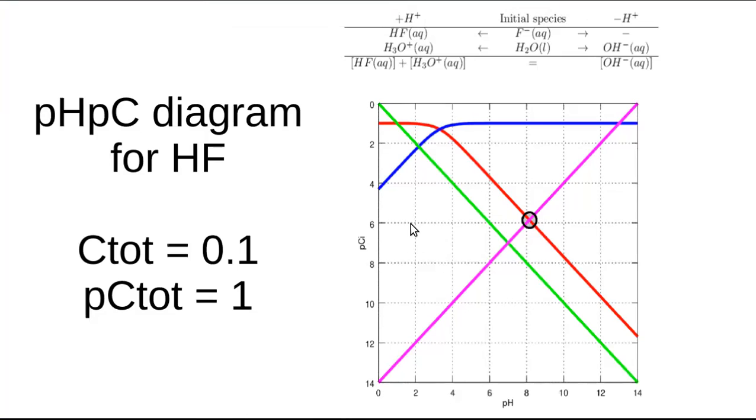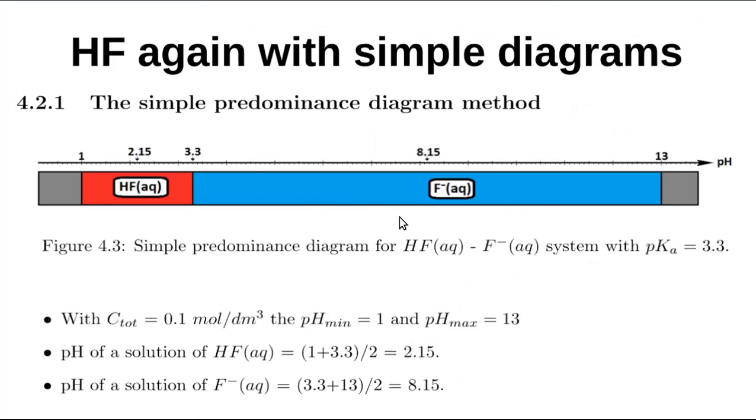So the use of these logarithmic diagrams gives sort of an argument for actually using the average value of the existence area as the condition that will be obtained in a solution of fluoride ions or in a solution of hydrofluoric acid.